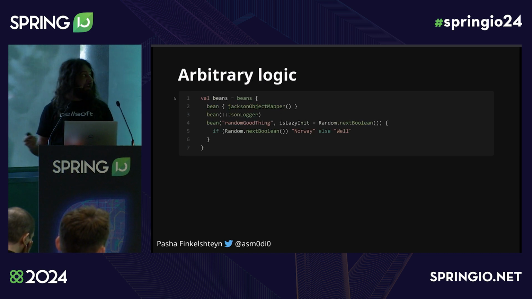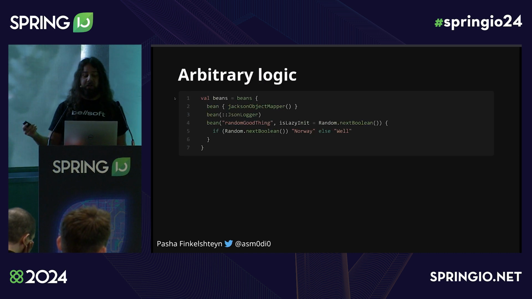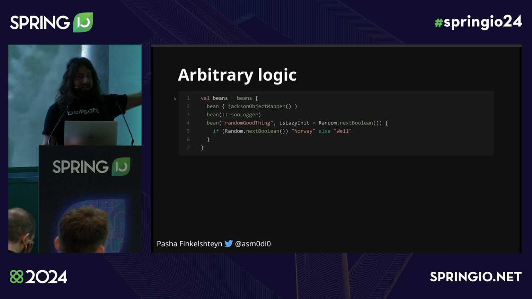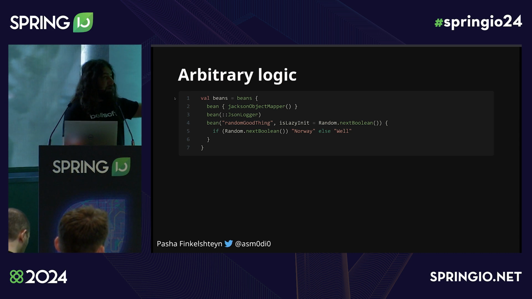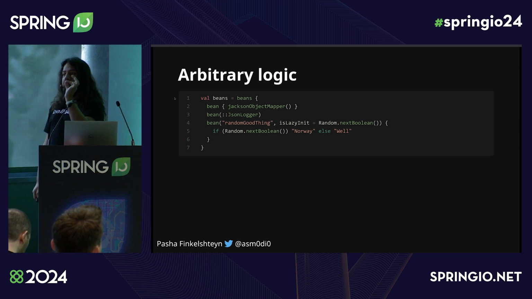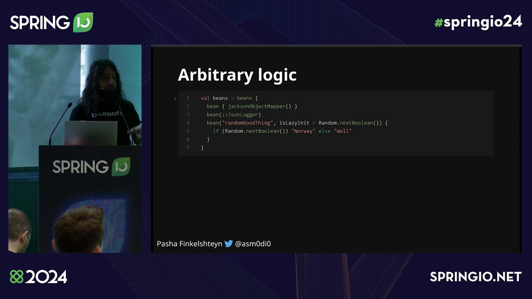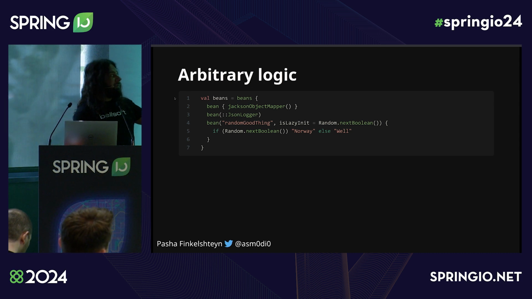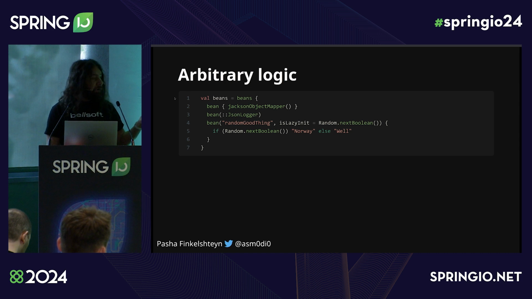Or we can use any arbitrary logic here. For example, this again, very stupid example, but it will be virtually impossible to write in Java with this annotation bean. We have all these smart conditional on missing bean, and so on. But here I write actual code deciding whether my bean should be lazy or not.